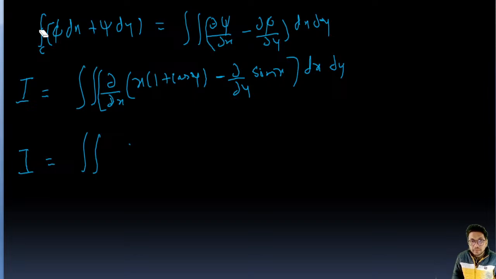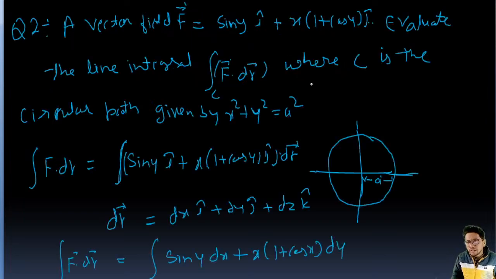Here we have made some mistake in differentiation, so this is going to be 1 plus the differentiation of this, sin y.